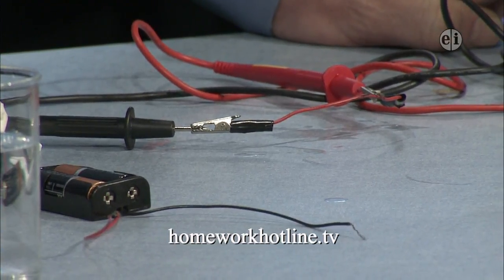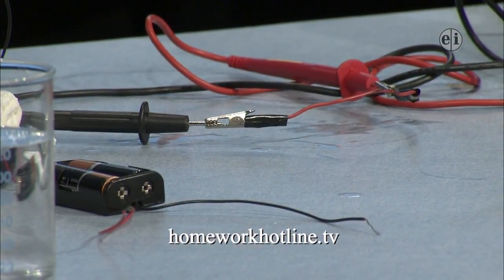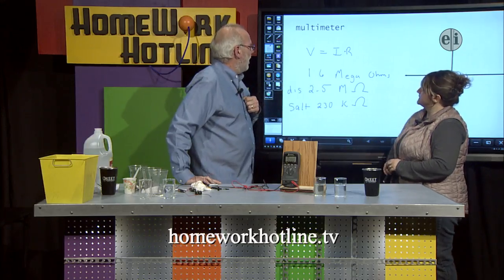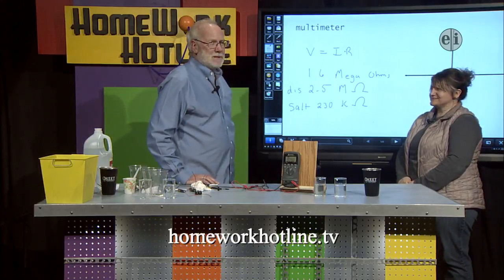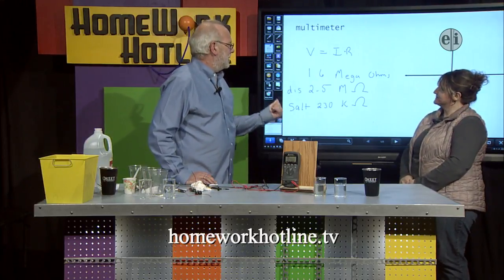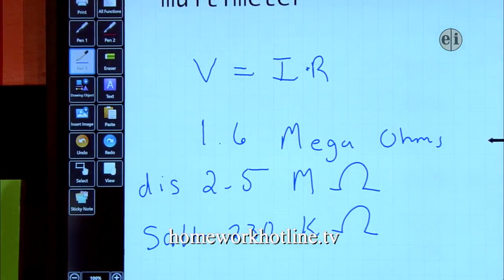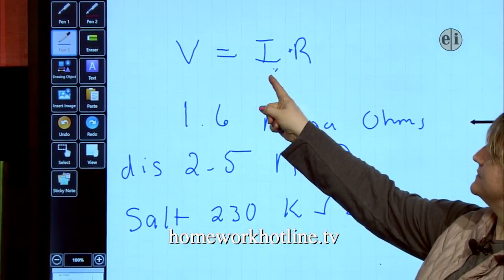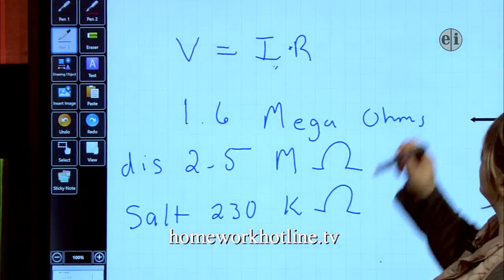So voltage equals current, which we say is I, times resistance, which is R. I can rearrange this equation to ask how much current is going through. It depends upon how many volts I have and how much resistance I have. So current must be equal to voltage divided by resistance, if we just rearrange that.